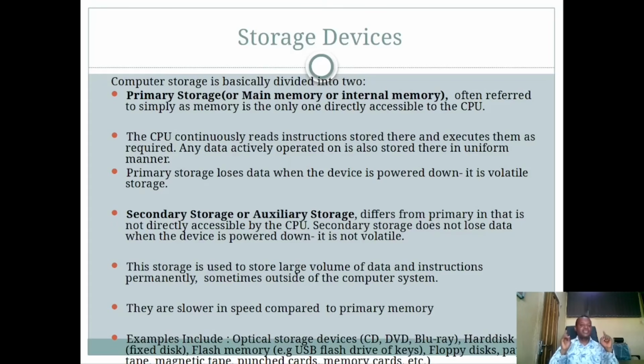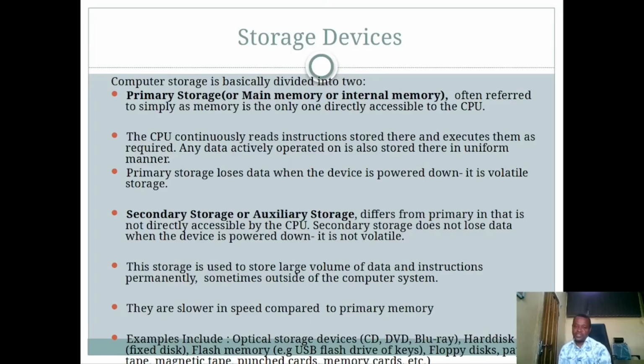So if your data in the secondary storage needs the attention of the CPU, that data will have to be loaded, transferred from the storage unit to the primary memory. It is in the primary memory that the CPU can now access data and instructions directly. So what you have in the secondary storage has to be loaded to the RAM, or to memory, before the CPU can access it.